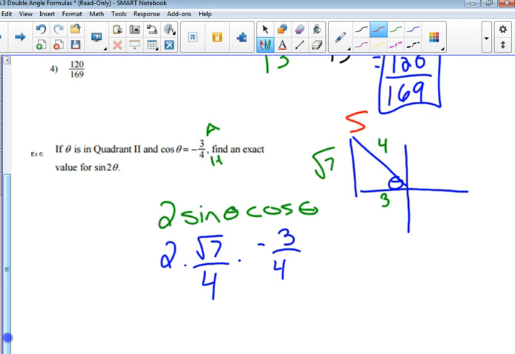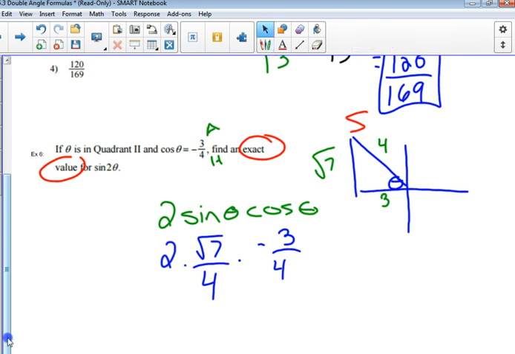Positive, good. Now, if you have this substitution, watch out for this word, exact value. It's been coming up quite a bit. Can your calculator handle a radical? No. So for that exact value, you do not want to use your calculator for the radical part.